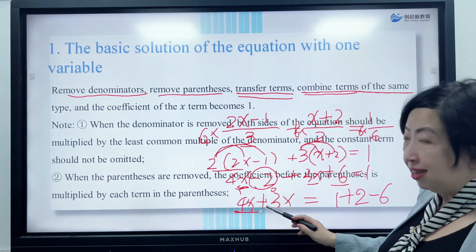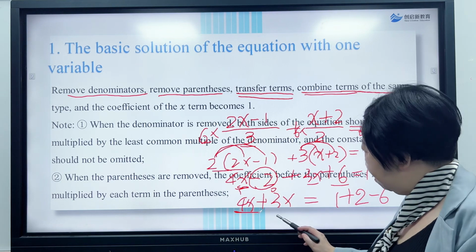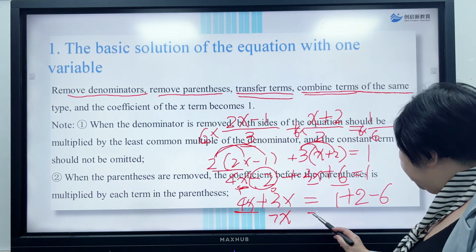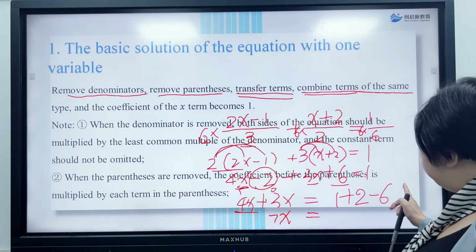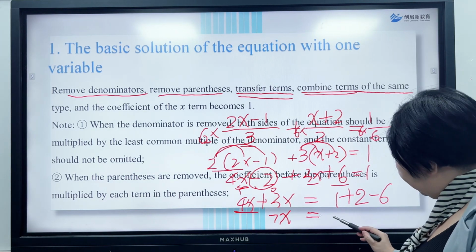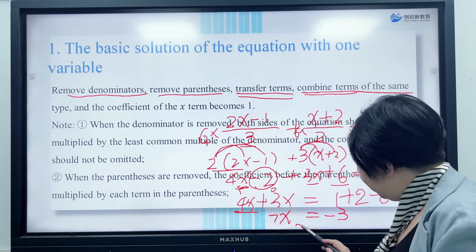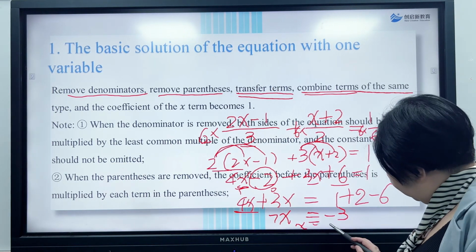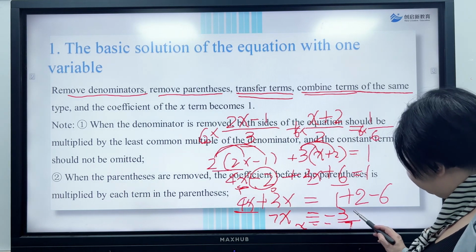Here, 4x and 3x is 7x equals 1 plus 2 minus 6, which is negative 3. So x is negative 3 over 7.